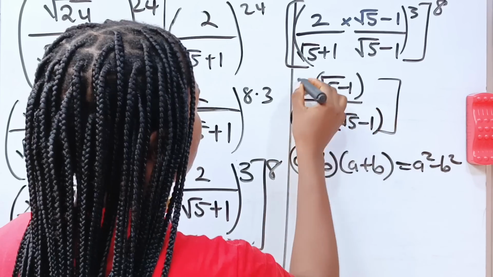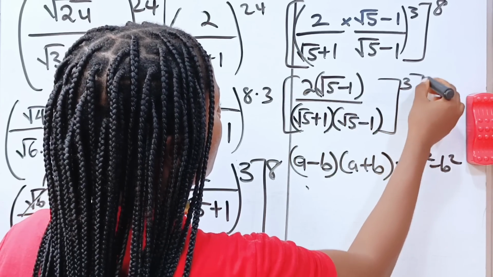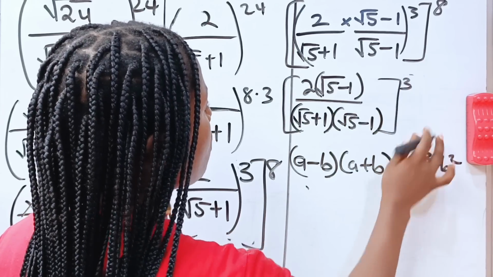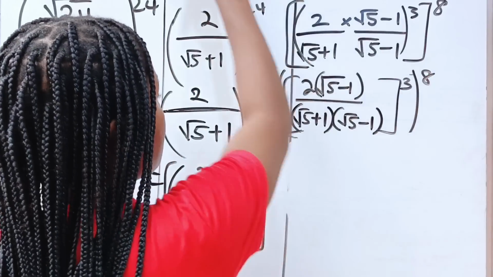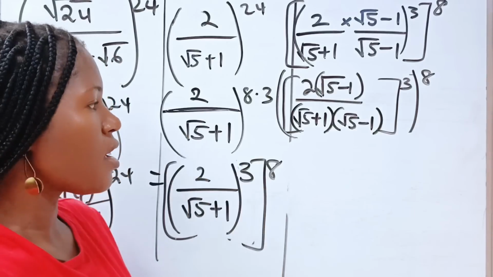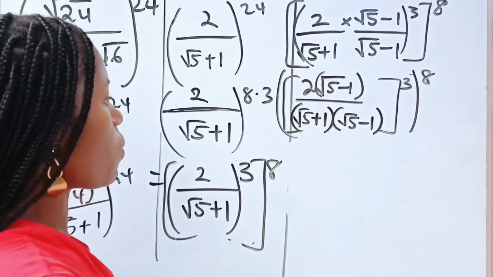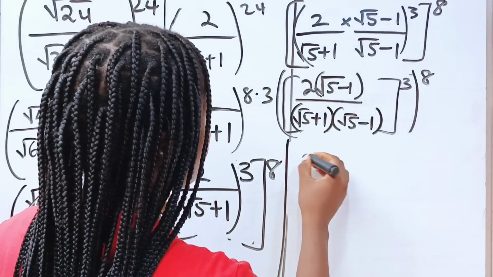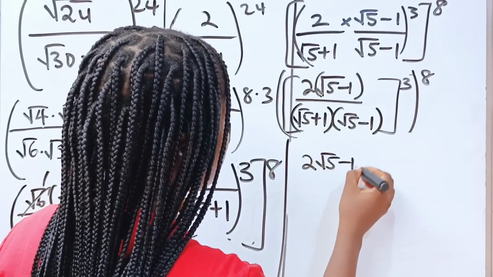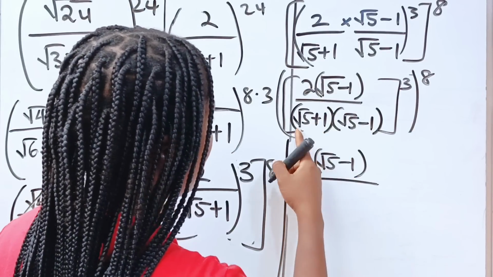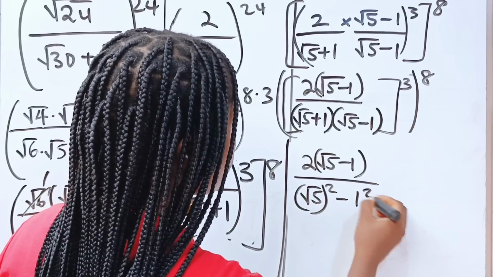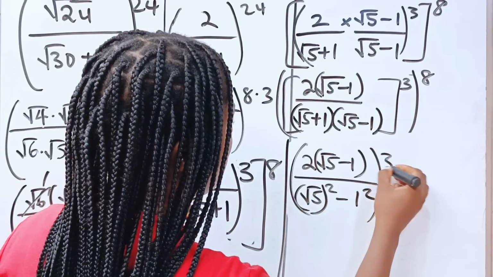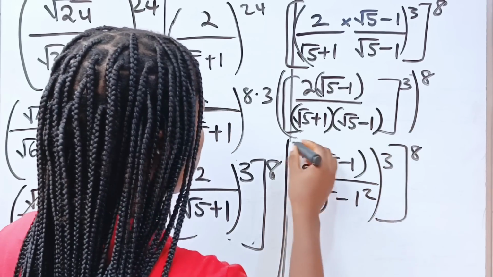Everything raised to the power of 3 raised to the power of 8. So it means that for our denominator, our a is root 5 and our b is 1. So we have 2 root 5 minus 1, divided by root 5 squared minus 1 squared. Now everything to the power of 3 raised to the power of 8.